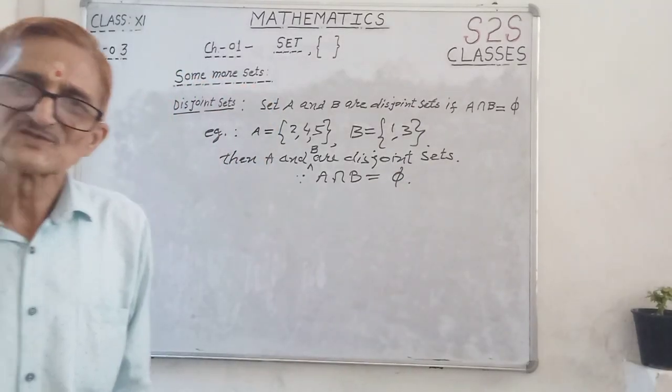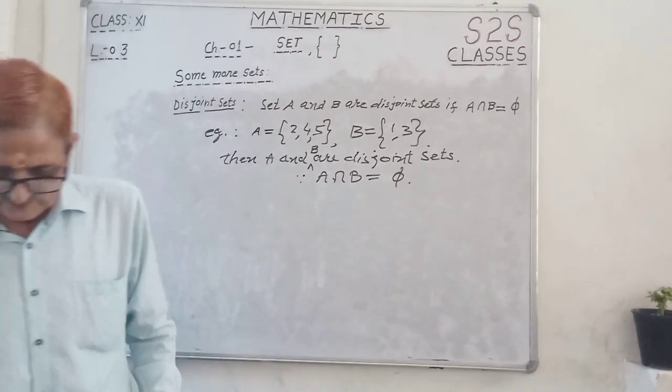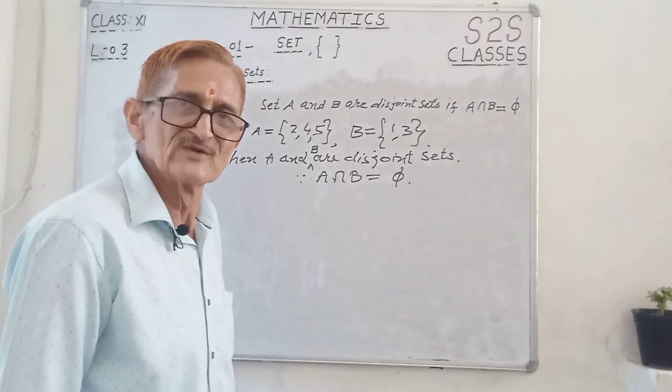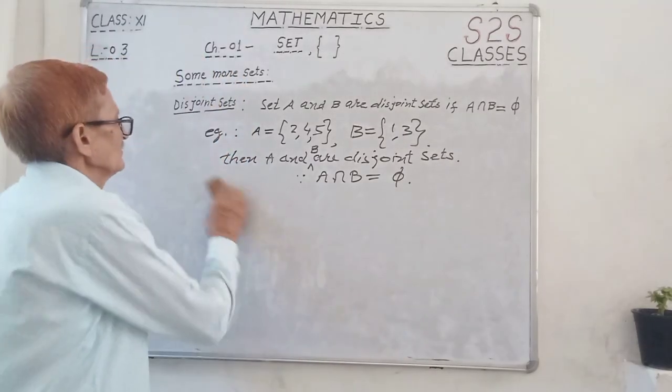Clear? So a disjoint set is very simple. If the intersection is empty, then both sets are disjoint to each other. A and B are disjoint, or B to A also disjoint.